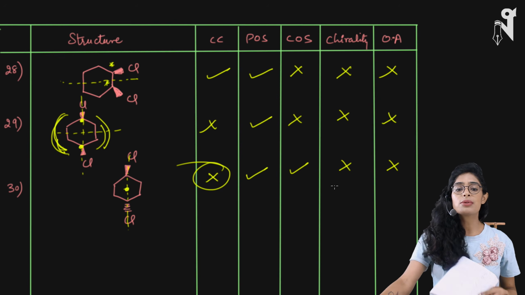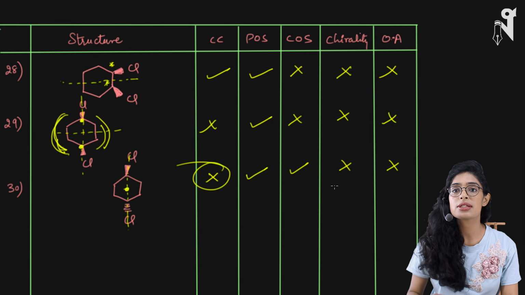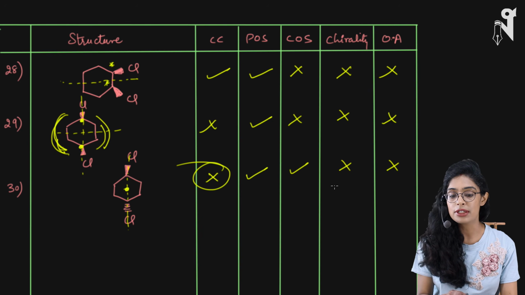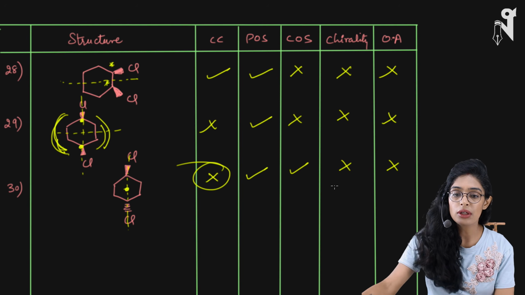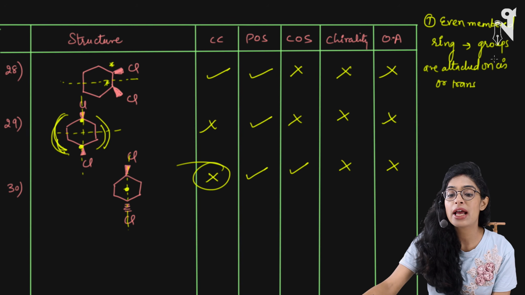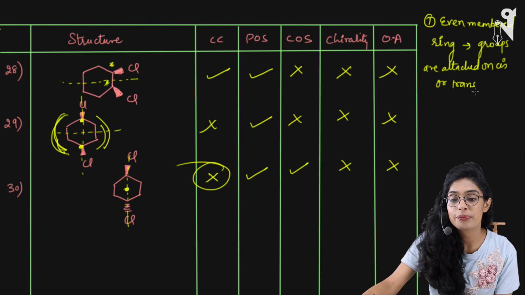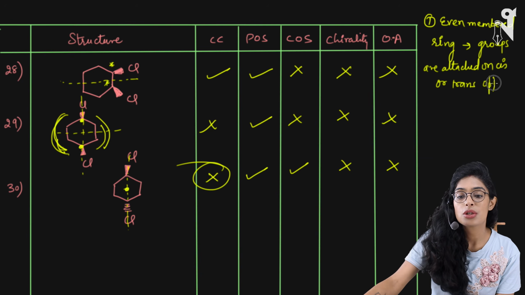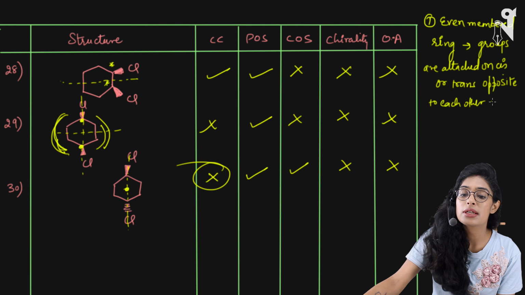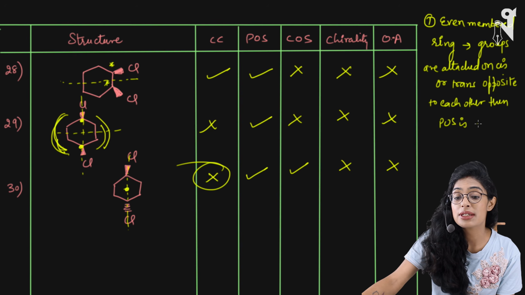Okay, so what all observations have we made in today's examples? Let's note them down very quickly. First of all, the first observation is, in the even membered ring, if groups are attached on cis and trans positions opposite to each other, then POS is definite.